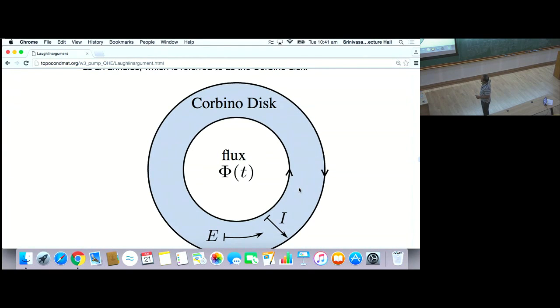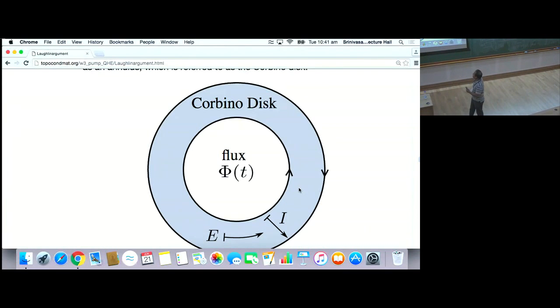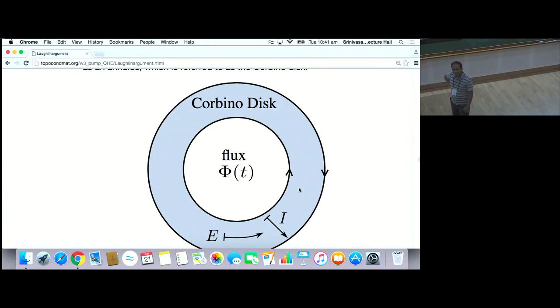You take your 2-dimensional electron gas and put it in an annulus, which somehow got renamed the Corbino disk in this context. And this is basically the Aharonov-Bohm type experiment.